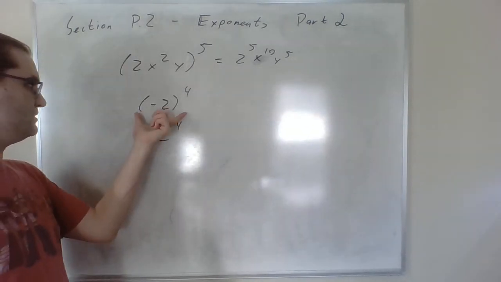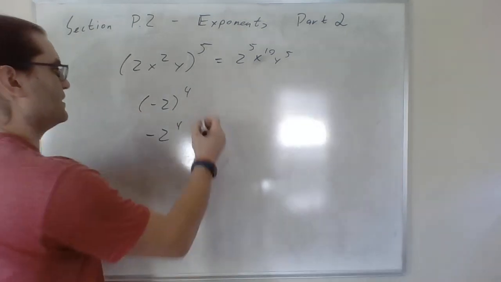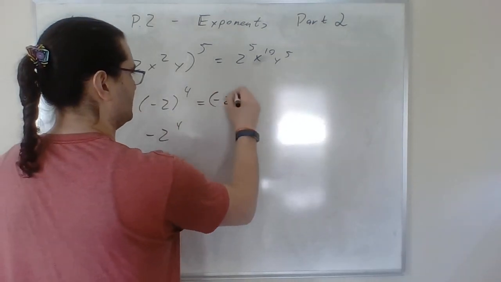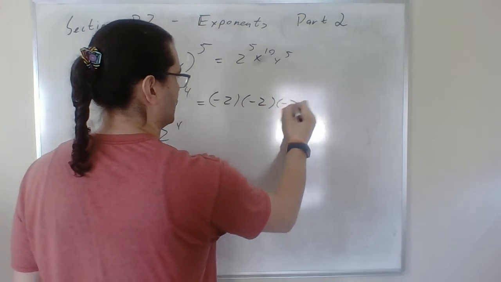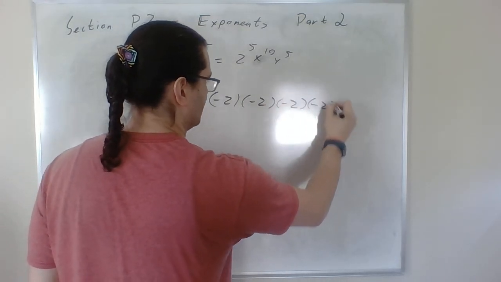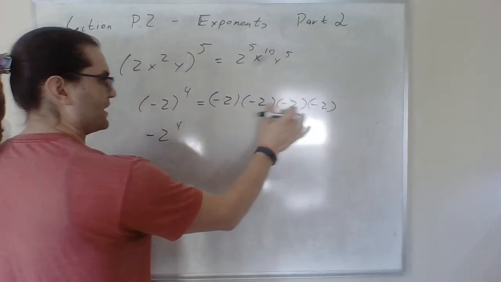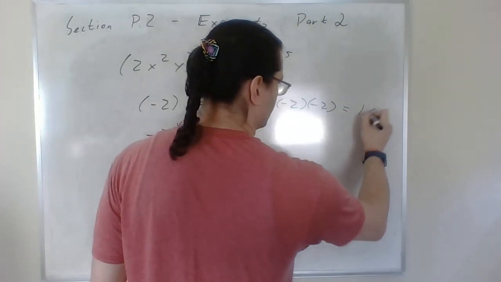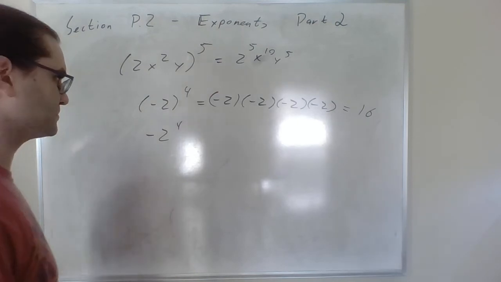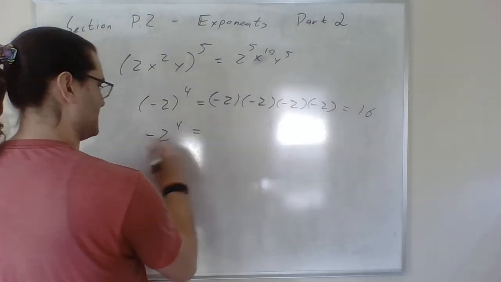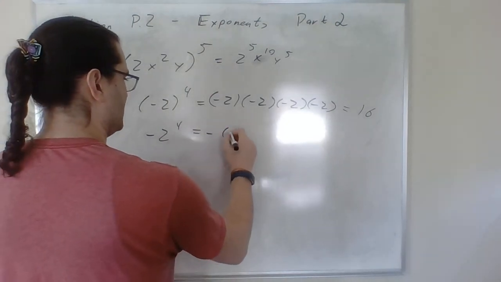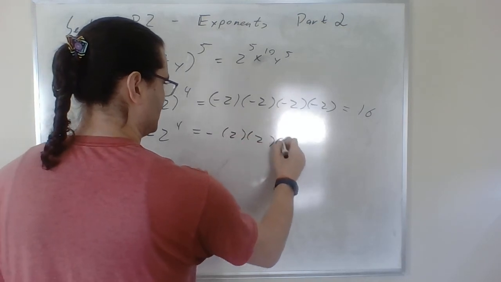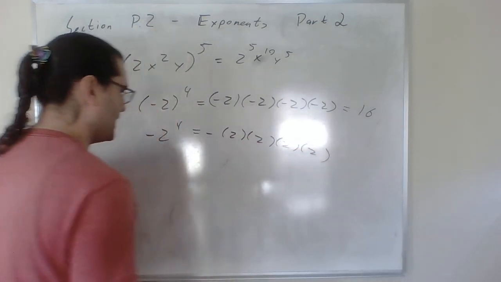In this one, this means -2 times -2 times -2 times -2. And when you have 4 negatives lining up like that, it's all going to cancel and you're just going to get positive 16. This means -2 times 2 times 2 times 2.